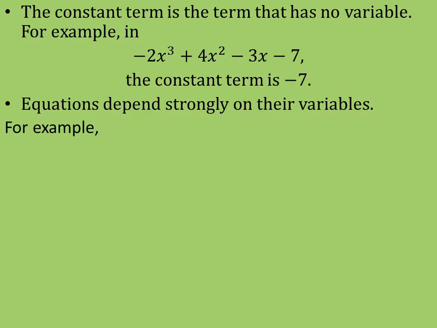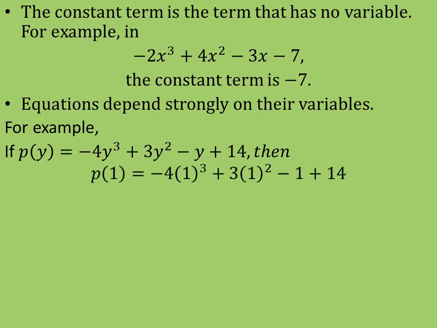For example, if p of y, that is the polynomial in y, is equal to minus 4y raised to power 3 plus 3y raised to power 2 minus y plus 14, then for p of 1, instead of inputting y here, we want to substitute 1 for the value of y in this equation, because the variable can take any value.